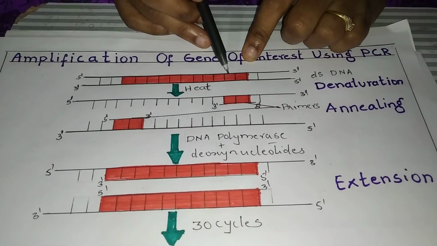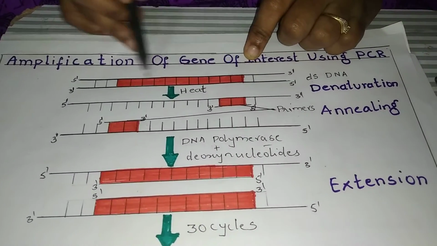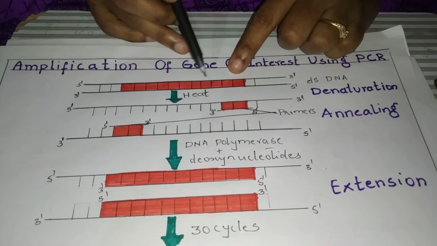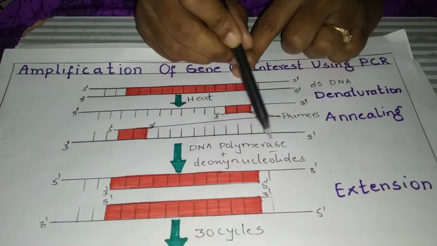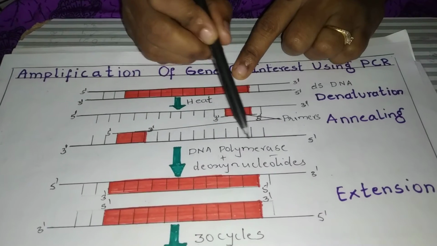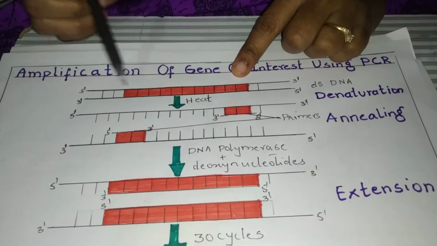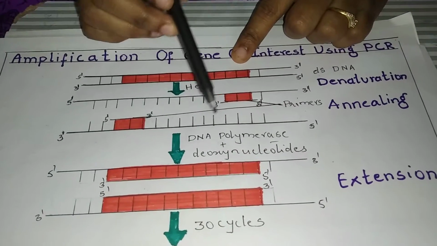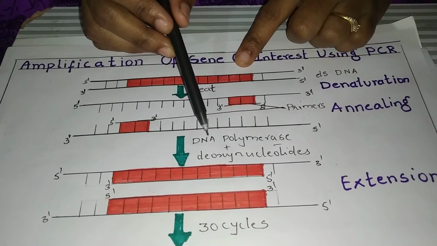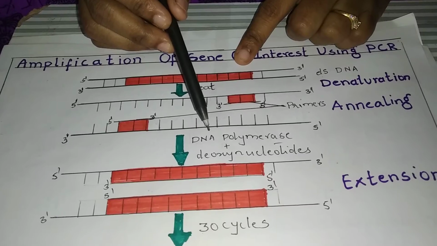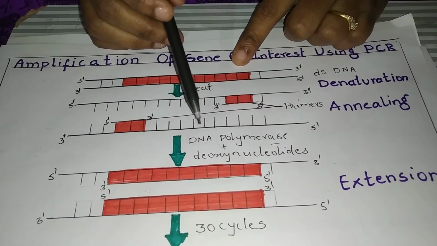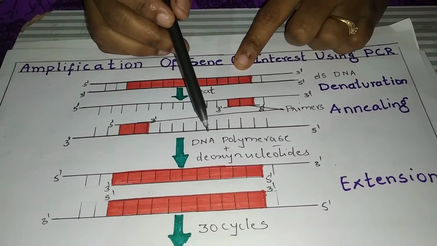Now in the process of denaturation, this DNA is heated at a very high temperature in the presence of an enzyme which is called DNA polymerase. This DNA polymerase is extracted from a bacterium called Thermus aquaticus.